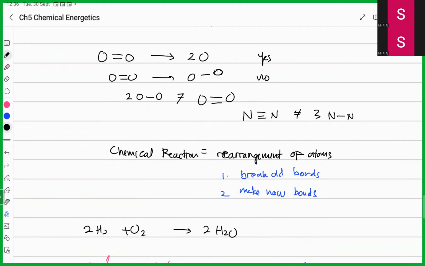No. Oxygen double bond is directly broken into 2 individual oxygen. And the bond energy of a double bond is not the same as twice the energy of a single bond. So we cannot assume that if we know the bond energy of oxygen double bond to oxygen, then oxygen single bond oxygen is half of that value. No, it doesn't work that way.